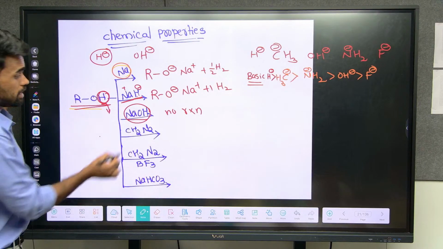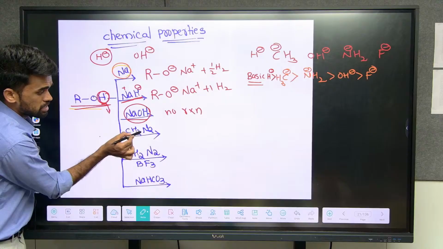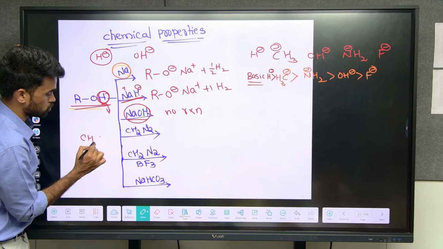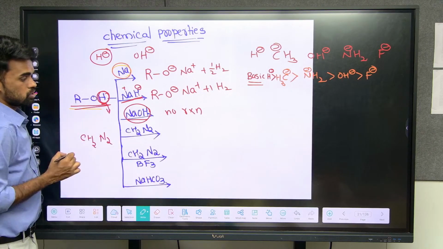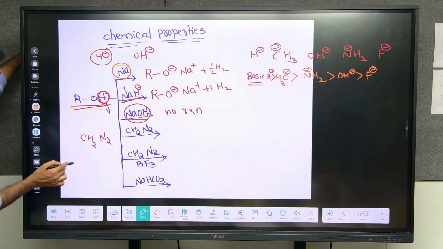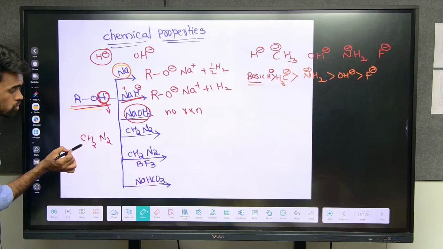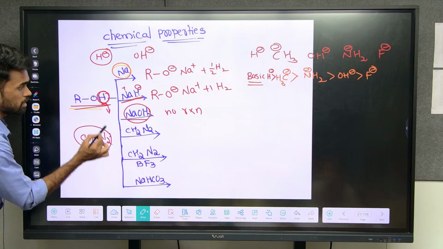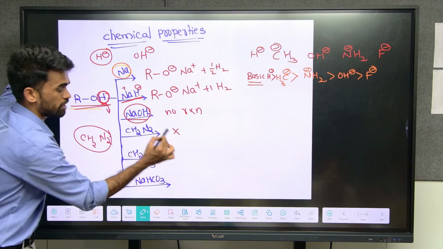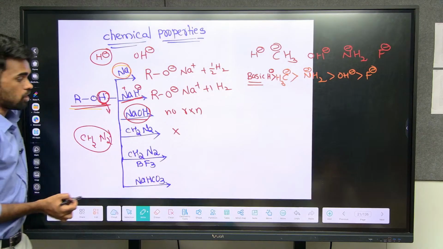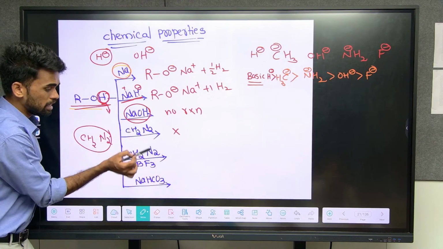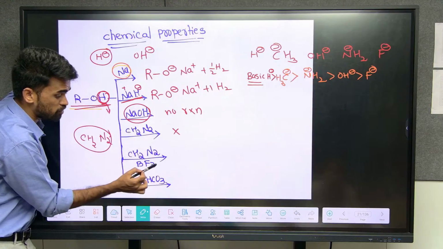Next, tell me. Here it is not reacting. See, this CH2 group is there, no? CH2N2. So this is called diazomethane. What is that? Diazomethane. So this diazomethane with alcohol, no reaction. Now the same diazomethane in presence of BF3.